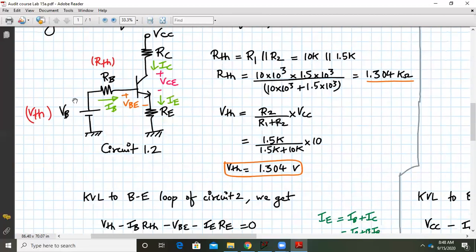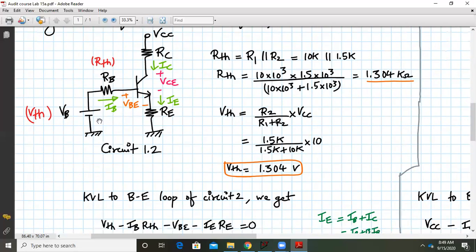Now that we have the values of VTH and RTH, we apply KVL in this loop. What does KVL say? If you go from the negative side of VB, you will get VTH minus IB into RTH minus VBE minus IE times RE. Remember, here the current flowing through resistor RE is IE.